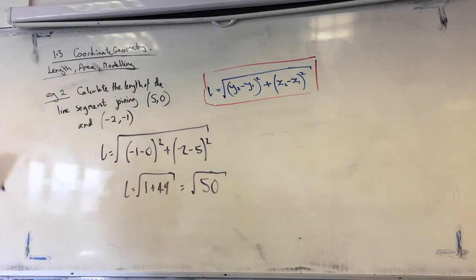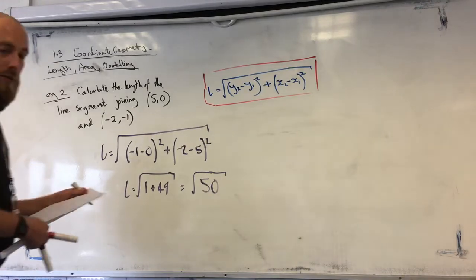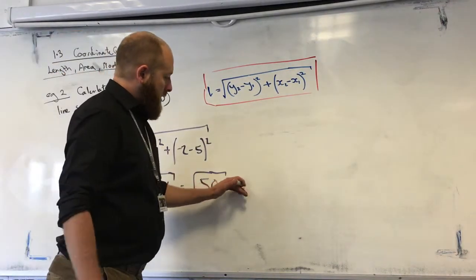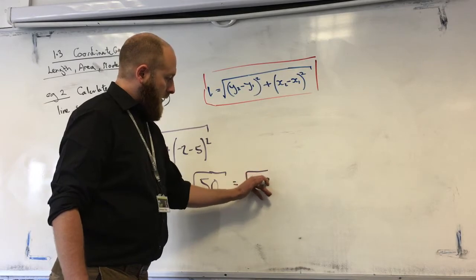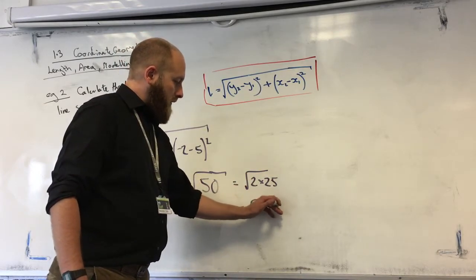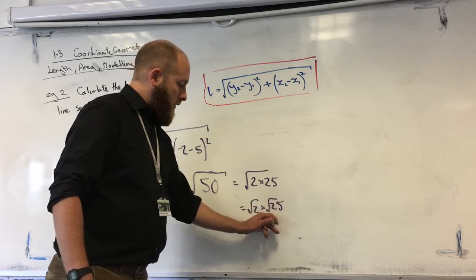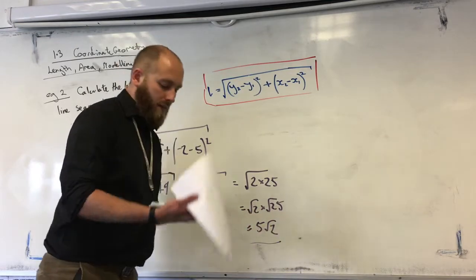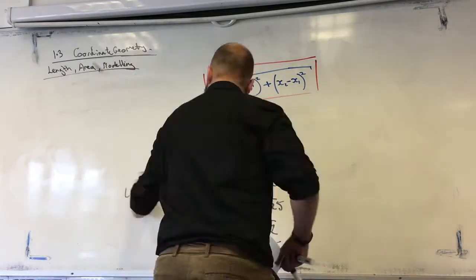If you wanted, we could use surds and split this up. We could say that's the square root of 2 times 25, which is root 2 times root 25, which gives us 5 root 2 as our length.